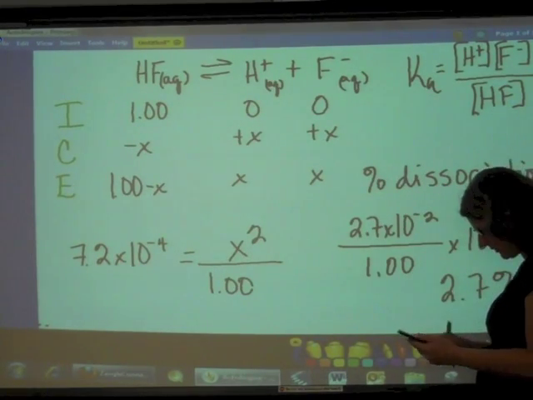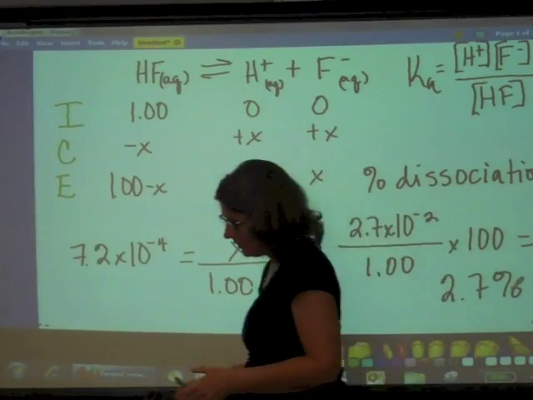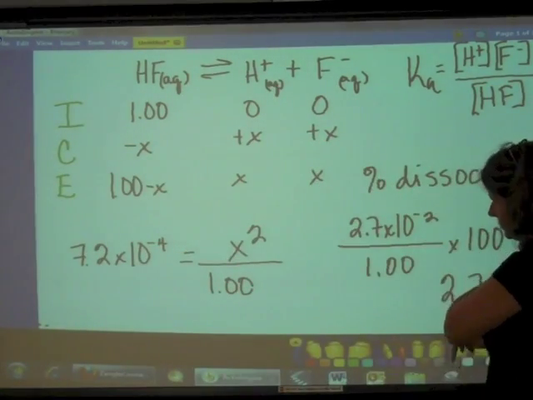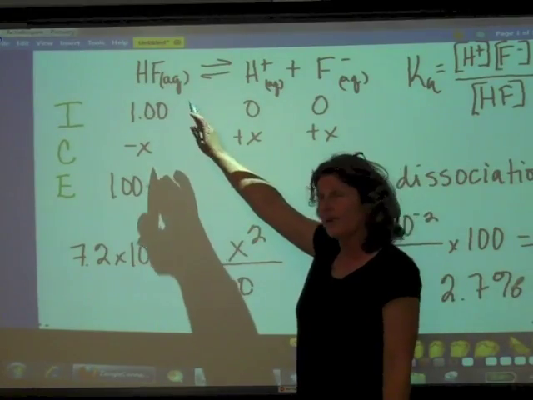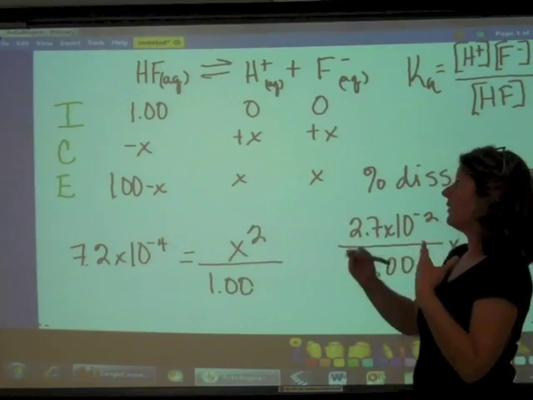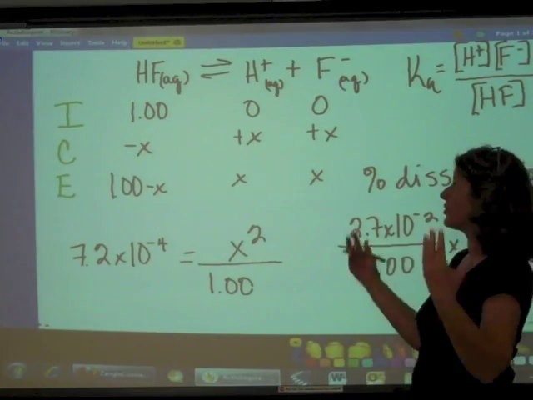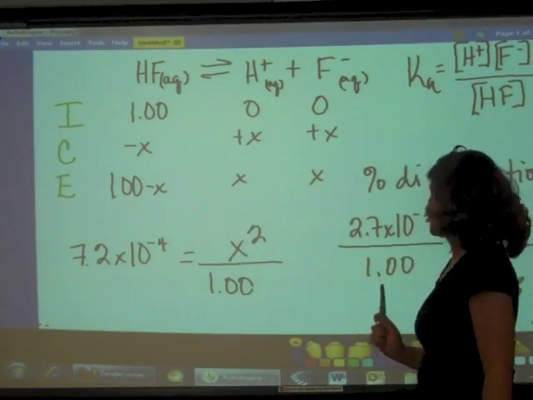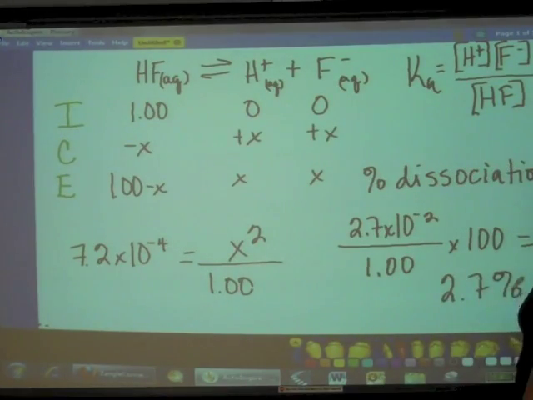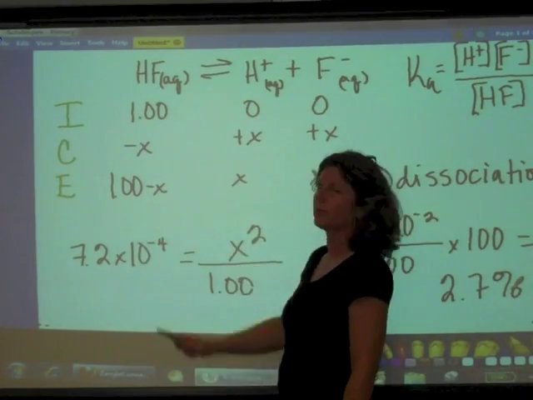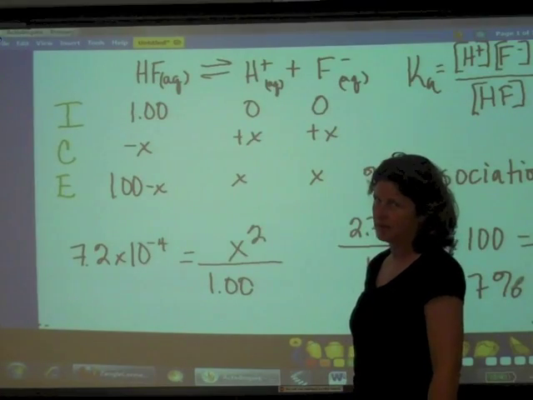So what that tells us is that 2.7% of this HF has dissociated. At equilibrium, 2.7% of the hydrofluoric acid is actually dissociated into hydrogen ions and fluoride ions. But what this also tells us is because this number is less than 5, it was okay for us to get rid of that minus x.